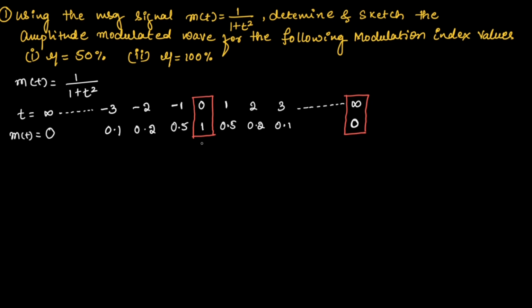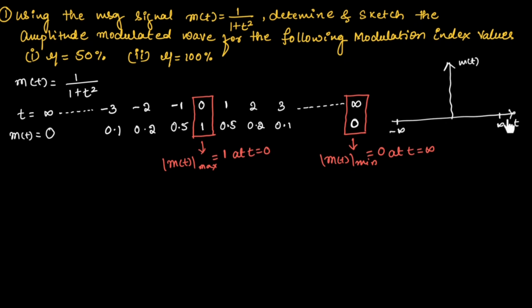That's why we can say m of t maximum is equal to 1 at t is equal to 0, and m of t minimum is equal to 0 at t is equal to infinity. So let us sketch the message signal by considering these two values.